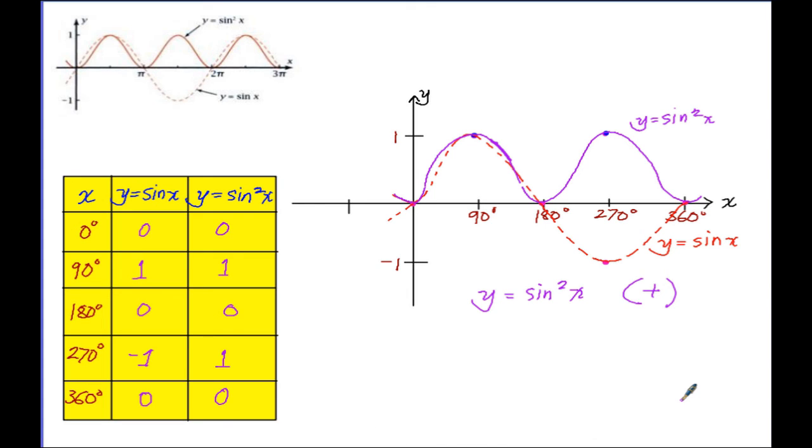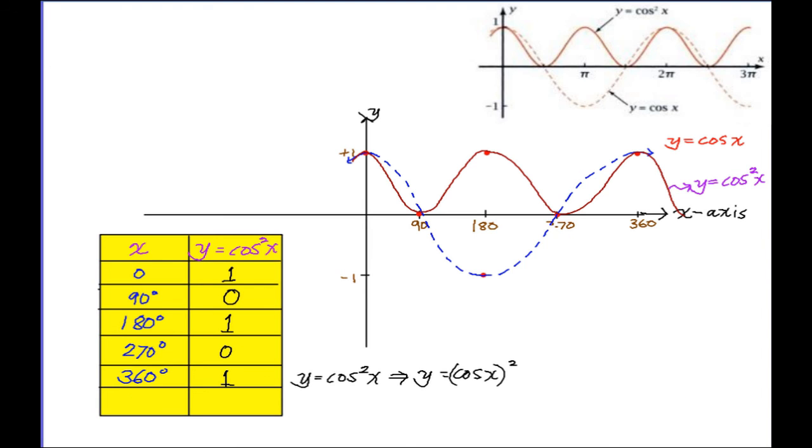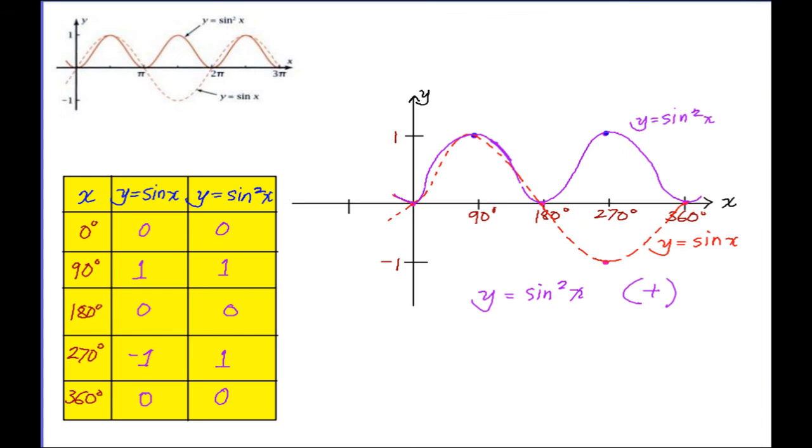As you could see, these two functions alternately obtain a y value of positive 1 for every 90-degree interval. Let us take a look at cosine squared of x. At x is equal to 0 and 180, it has 1. Then for sine squared of x, at x is equal to 90, it has a value of y is equal to 1, meaning that it is filling the holes within the intervals of 90 and 180.